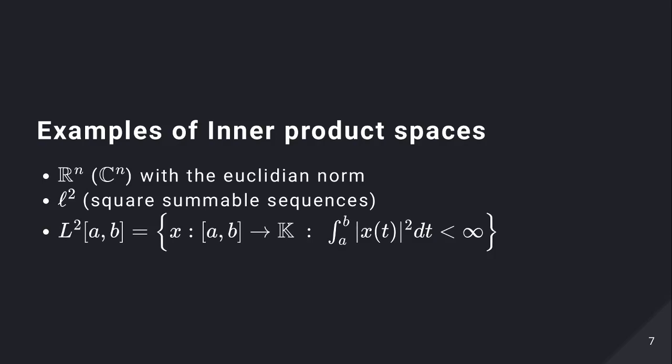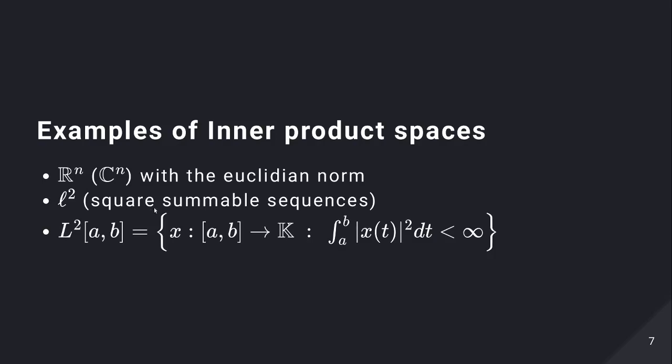And we can have other examples of inner product spaces. So, for example, simply R^n or C^n with the Euclidean norm is trivially an inner product space. We also have, and that's the part where it can be a bit tricky, the space of square summable sequences. For example, this space of sequences x such that the series of the absolute value of x squared converges.